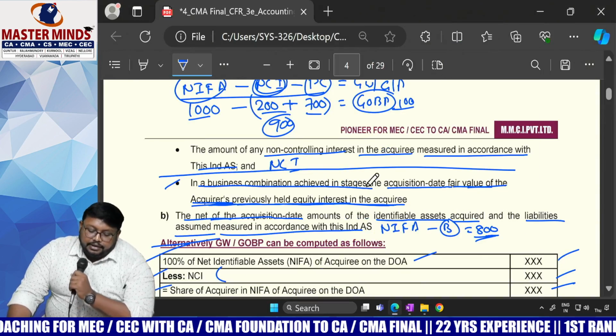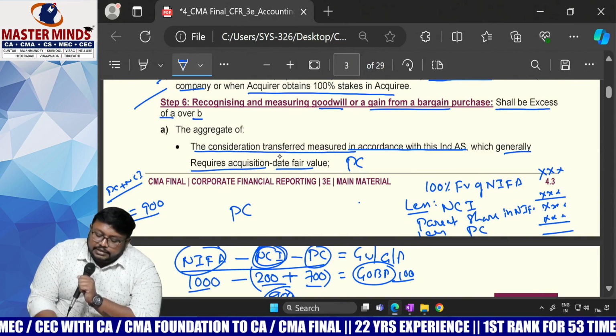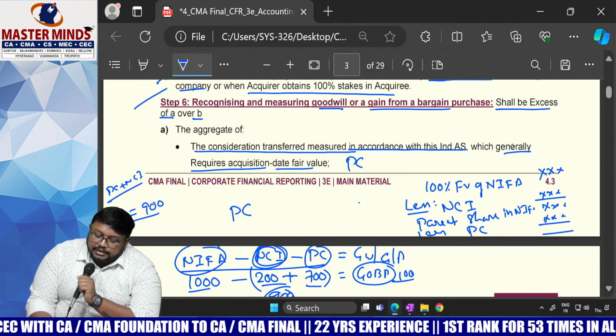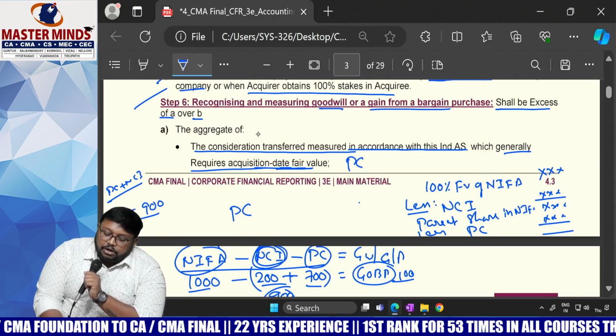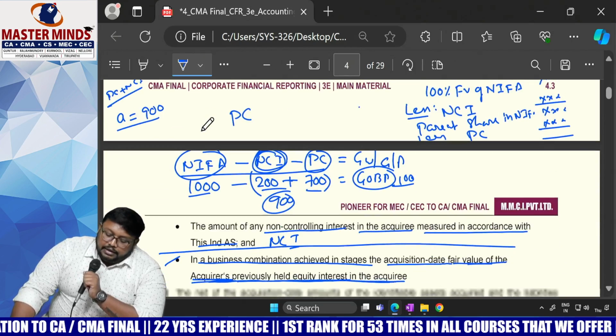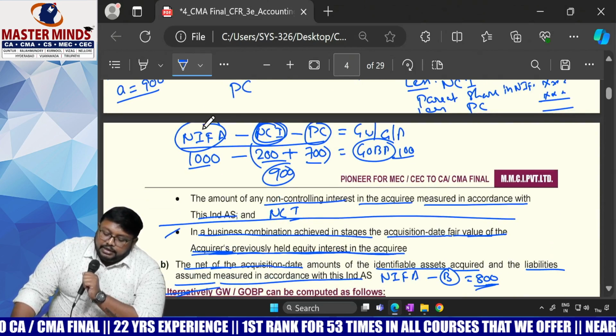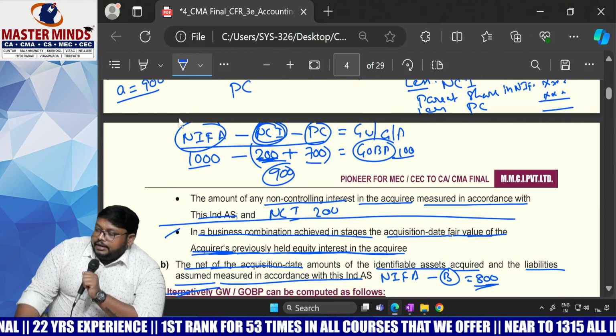So here we are aggregating three things. First one, consideration transferred in accordance with Ind AS, generally on the acquisition date at fair value. On the acquisition date, how much you transferred? 200 you transferred. And what is the amount of non-controlling interest? 200 is the non-controlling interest.